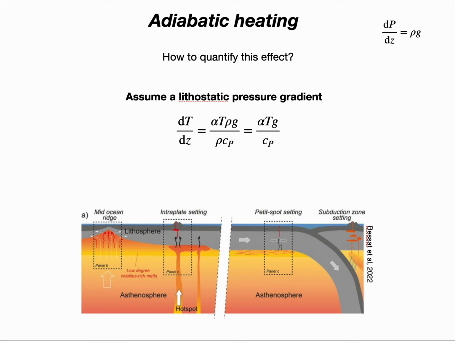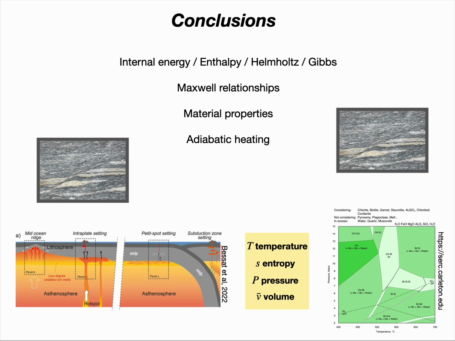So that's more or less now the end of the lecture. We are reaching slowly the end of the thermodynamics part of this lecture of geodynamics. What we did here, we've introduced several forms of energy: the internal energy, enthalpy, Helmholtz, and Gibbs. We've introduced Maxwell relationships.